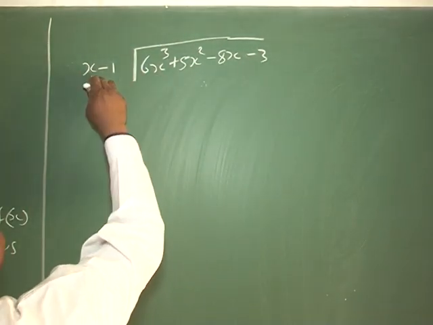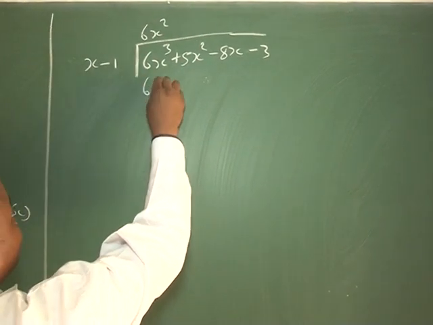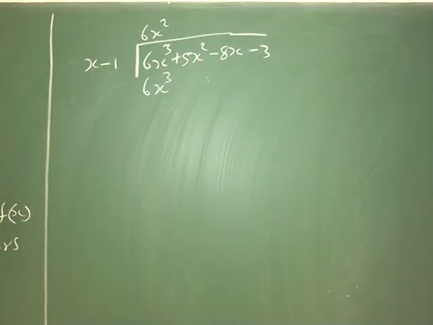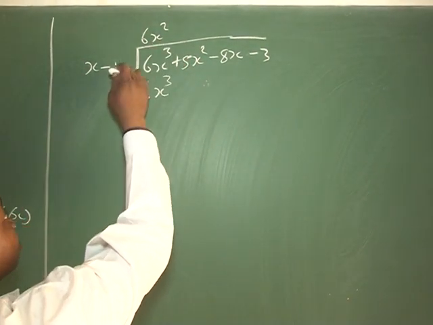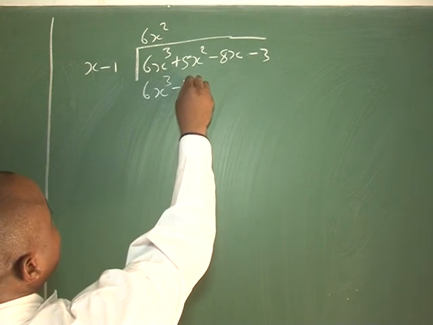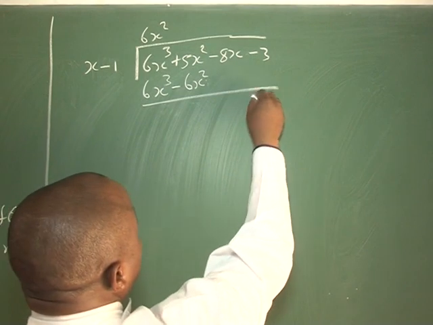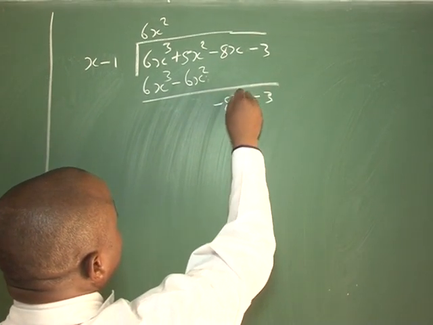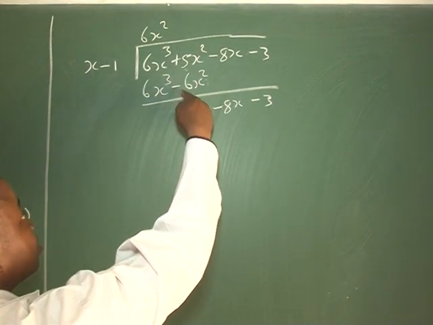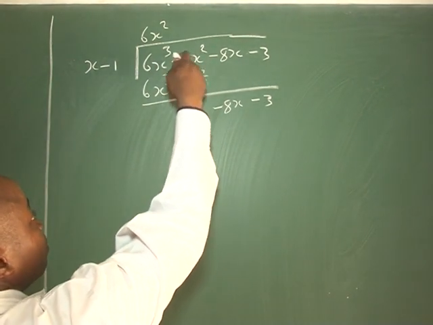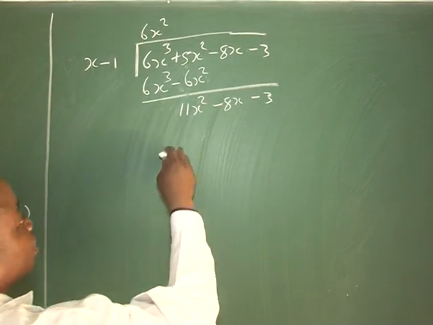Now 6x cubed divided by x will give us 6x squared. 6x squared times x, we get back 6x cubed. Another one is 6x squared times minus 1 will give us minus 6x squared. So by subtracting, we have 5x squared minus 6x squared gives us 11x squared.